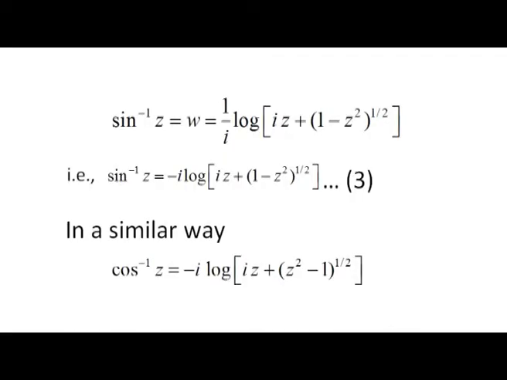Hence, sine inverse z is equal to w, which is equal to 1 by i log iz plus 1 minus z square raised to 1 by 2. That is, sine inverse z is equal to minus i into log iz plus 1 minus z square raised to 1 by 2, equation number 3.